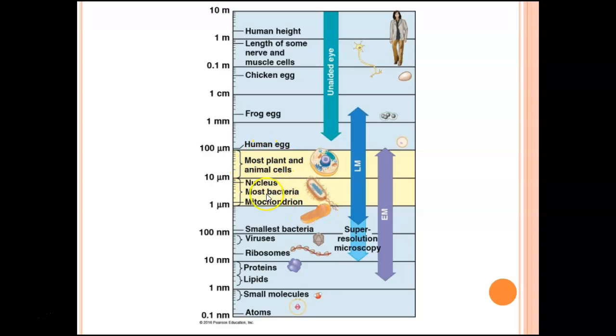And our cells are right in this range, well below a millimeter. You can't view it with an unaided eye. Also notice here, my goodness, the length of some nerve and muscle cells is very, very long. But this is where we want to consider right now.